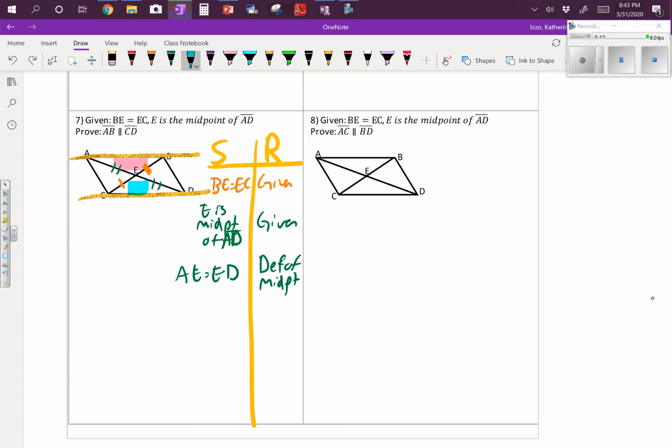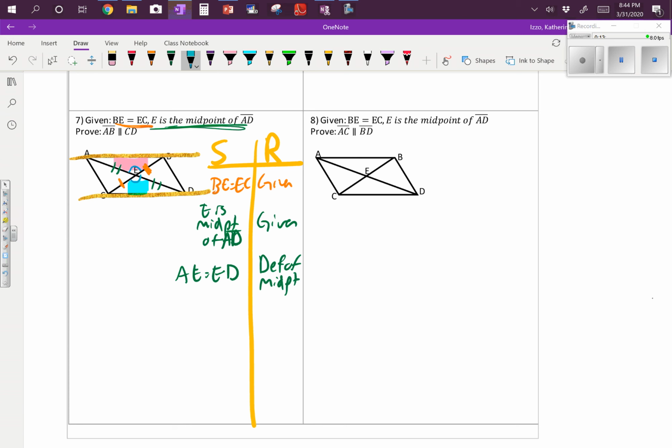So I've got two pairs of sides, I need a pair of angles, and there's a beautiful pair of angles right there in the center. How do I know that? This was given, this was given. But when I run out of givens, there's two things I'm looking for: reflexive and vertical angles.